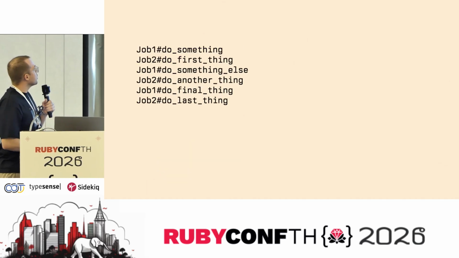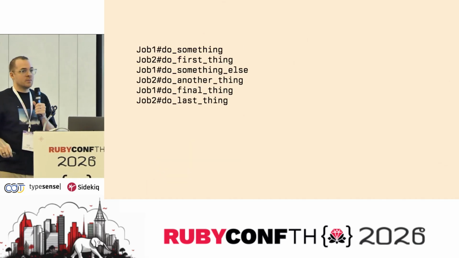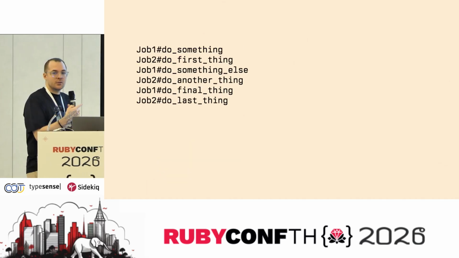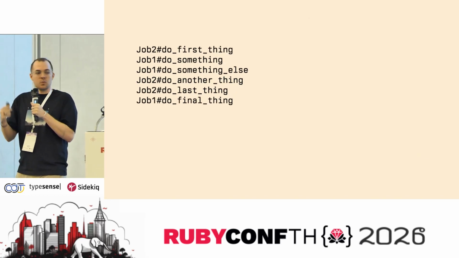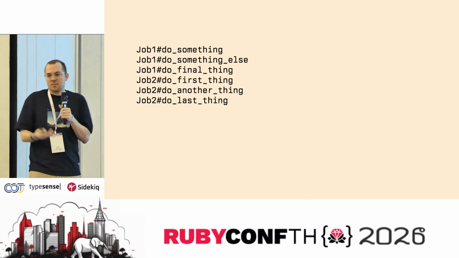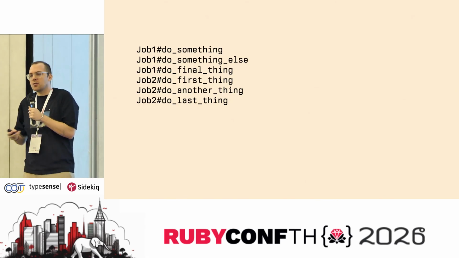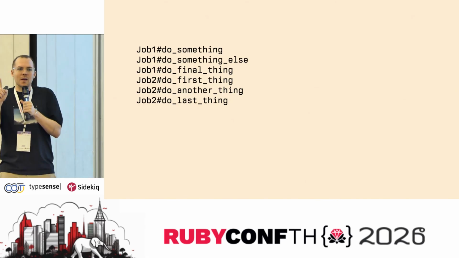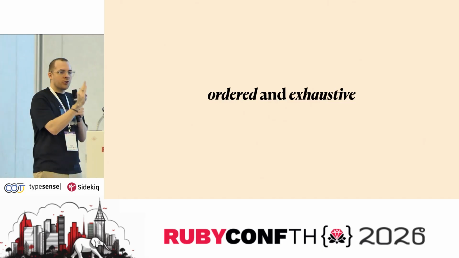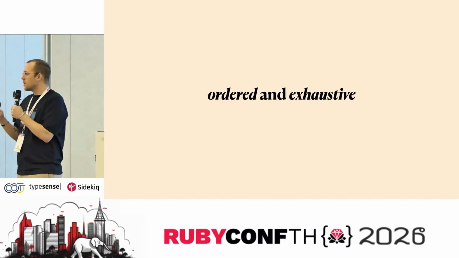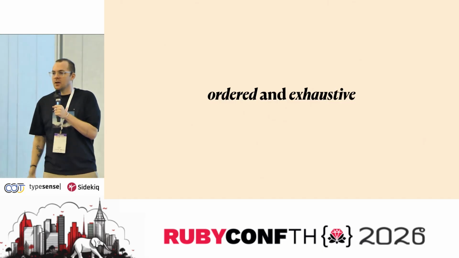So if we take our same jobs, we could imagine this as a schedule, or this even, or even this. These are all valid schedules. The thing that makes a valid schedule is that you need to have an ordered and exhaustive set of events. Right?